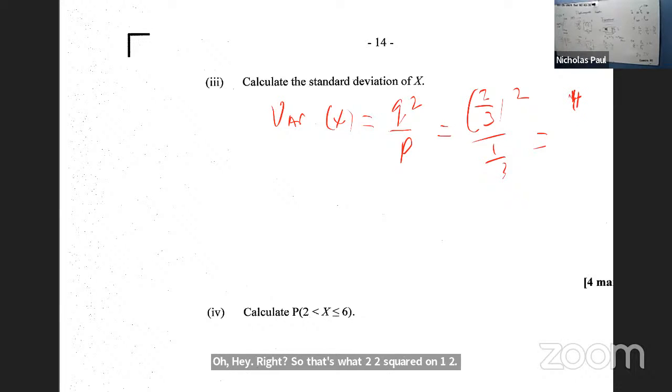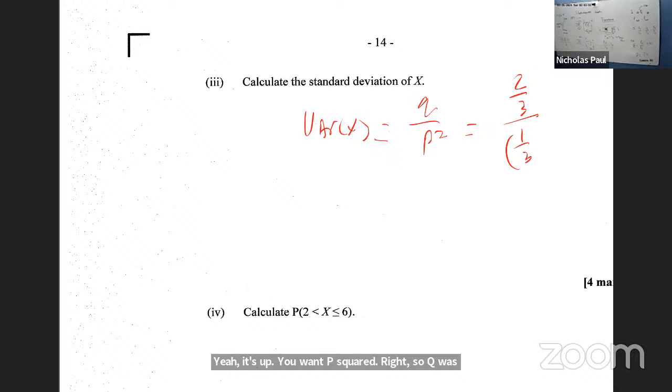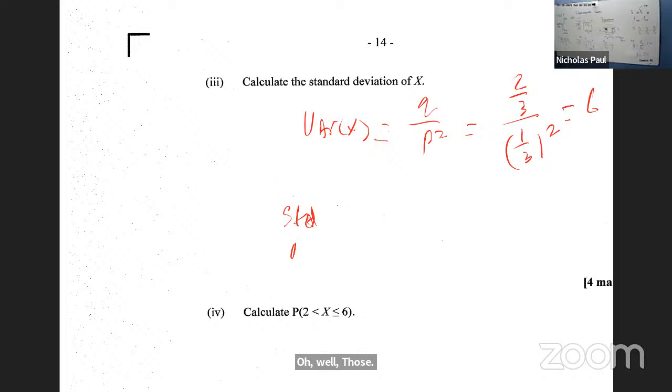So you get 4 over 3... sorry, I wrote it wrong. Q over P squared. So Q was 2/3 all over 1/3 squared. So you get 6. 6 is the variance. So standard deviation is √6. Then you want to find the probability between 2 and 6.